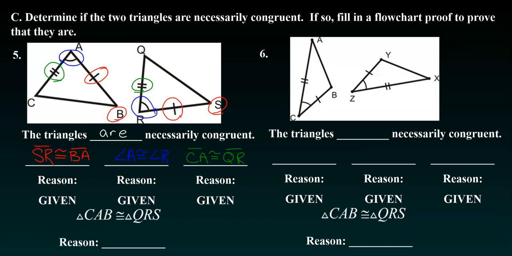And since those three things are congruent, we can say that it's congruent because of SAS. So I'd like you to take a moment, try number 6, and then check to see how you did.